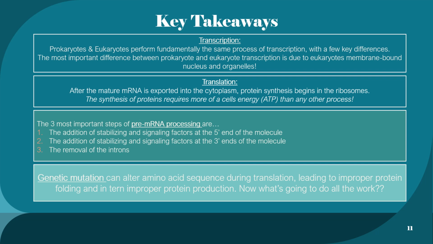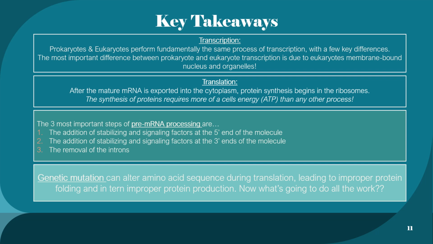It says after the mature messenger RNA for translation is exported into the cytoplasm, protein synthesis begins at the ribosomes. The synthesis of proteins, again, requires more of a cell's energy or ATP than any other process, which is why those pre-mRNA portions are very important, where we remove the introns and whatnot that doesn't code for anything.